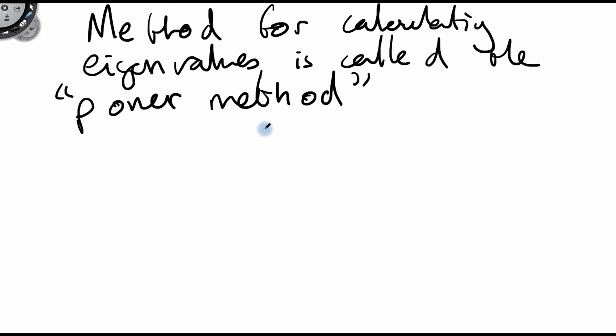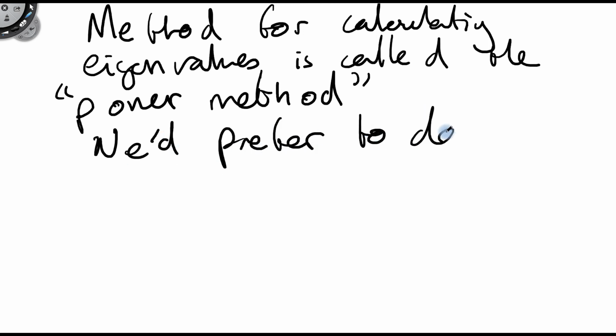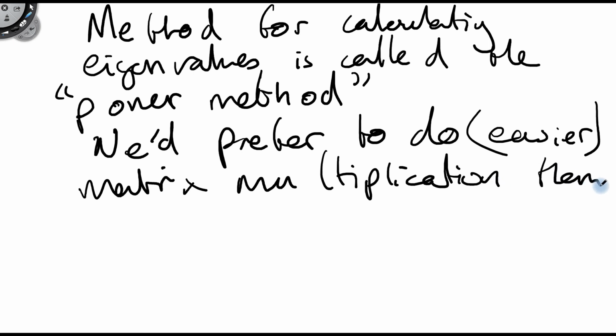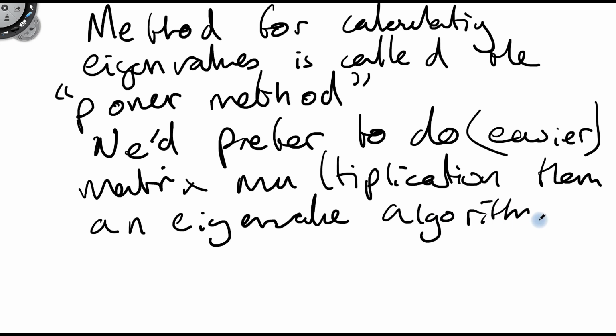And actually, if we look back at our Jacobi method, we were doing a big inversion problem, not by inverting the matrix directly, but by multiplying through by this related matrix B. So what we'd prefer is easier matrix multiplication than an eigenvalue algorithm for small matrices.